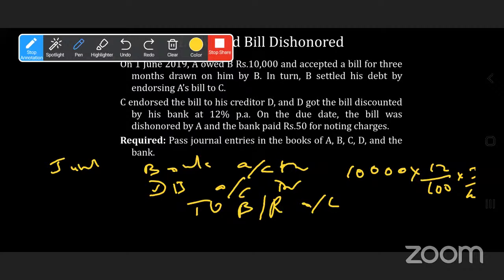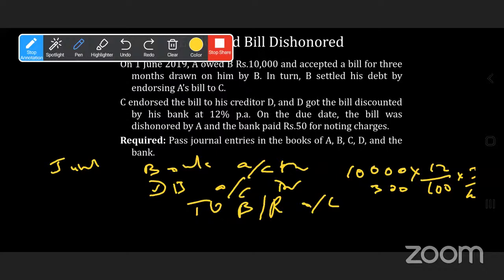Ma'am, why is it 3 by 12 when writing 300? It is a 3 months bill. Per annum it is 1%, but it is a 3 months bill. How can you give the full amount?